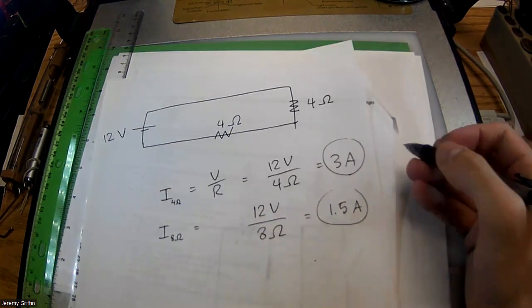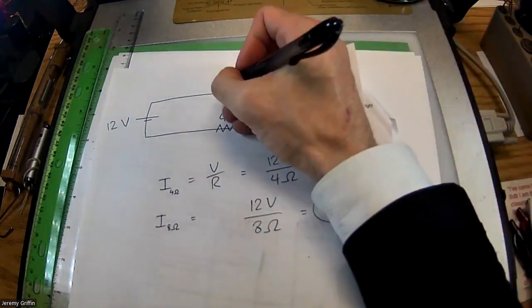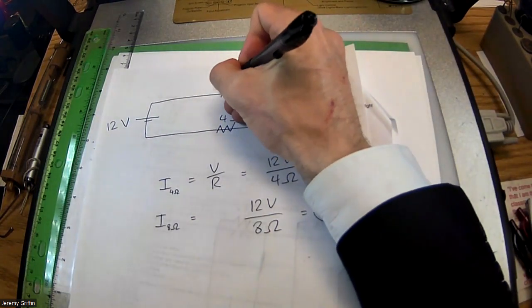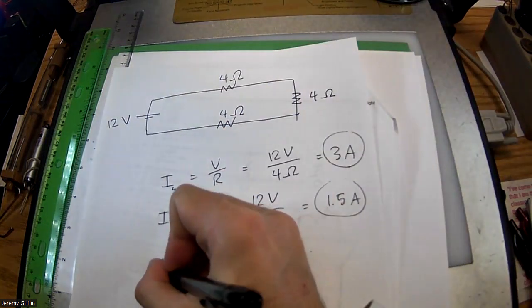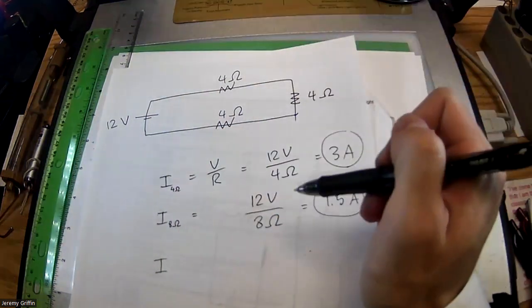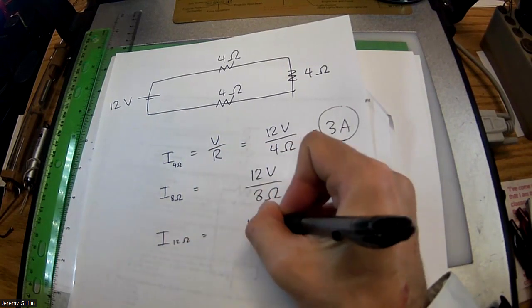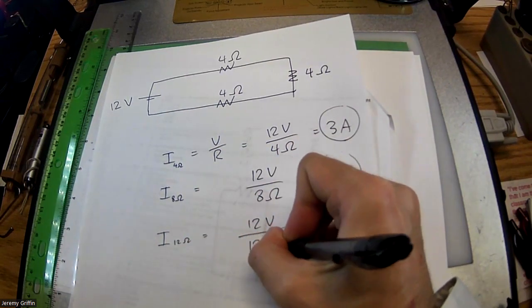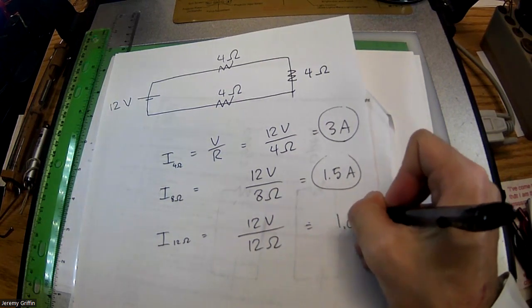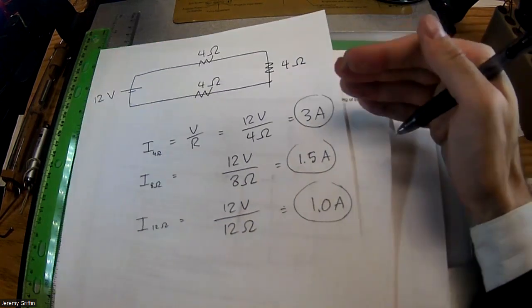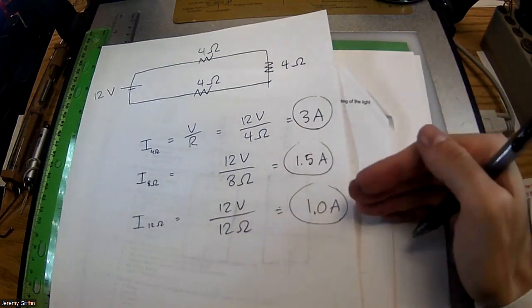Ooh, that's less current. You guys see the current just went down? Let's do one more. Suppose I throw in another 4 ohm resistor. Now how much total resistance? 12 ohms, right? So I get the same 12 volt battery, now acting on 12 ohms of resistance. I see 1 amp. So what's the current getting? Less and less and less.